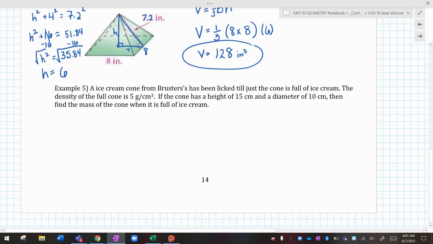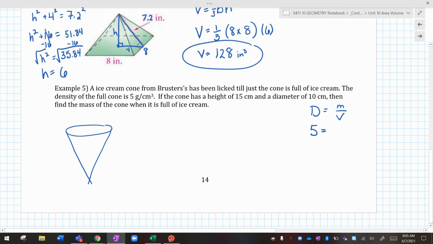An ice cream cone from Brewster's has been licked till the cone is just full of ice cream. All right, so we've got a cone here, and let's assume it's a cone and not one of those flat things. The density of the full cone is 5 grams per cubic centimeter. So we've got density equals mass divided by volume. We know the density is 5.